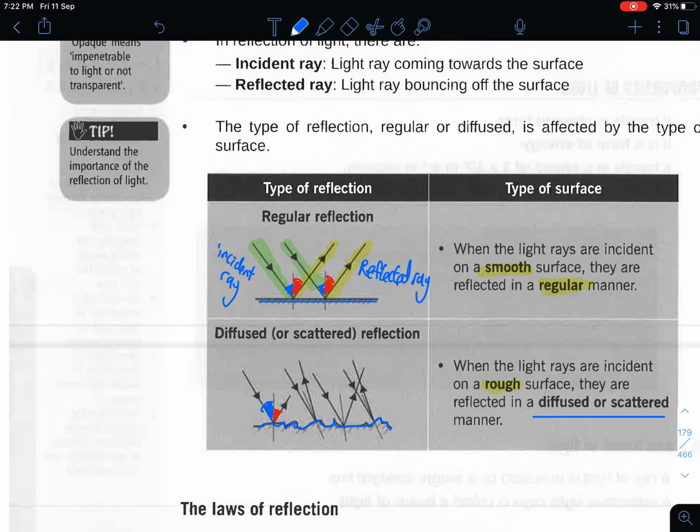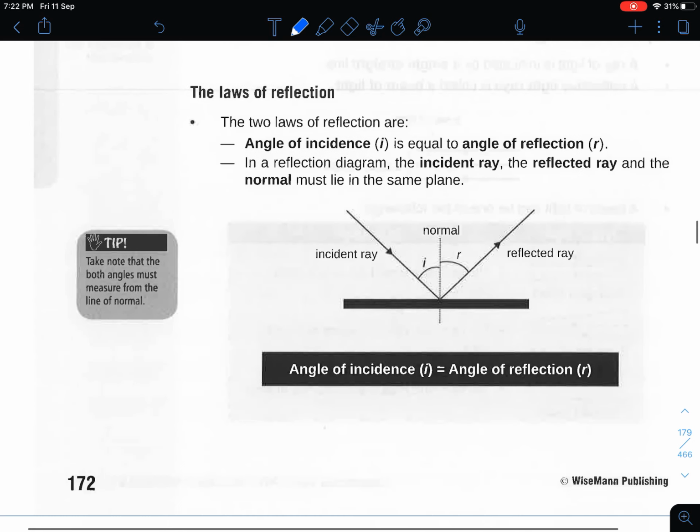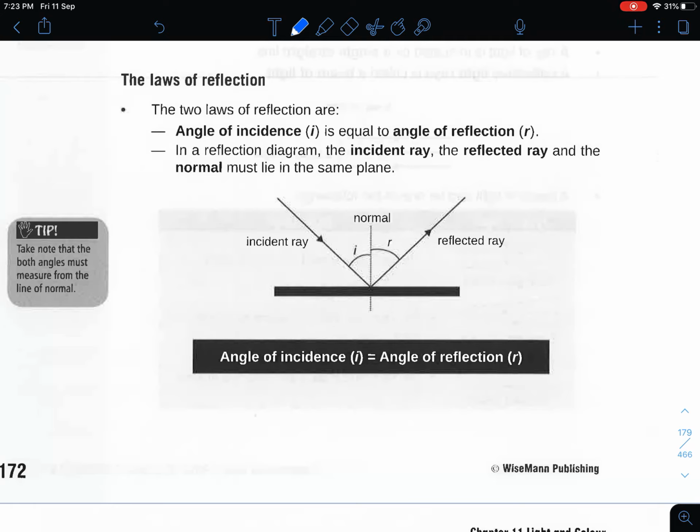Okay. Now, there are two laws of reflection. Mainly, number one is that all of the rays must lie on the same plane.